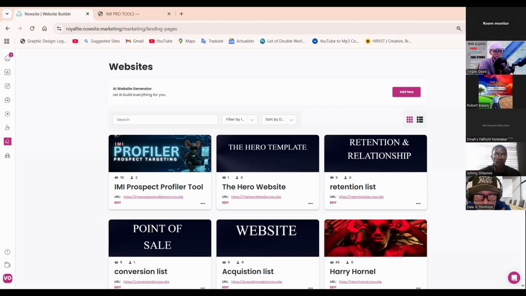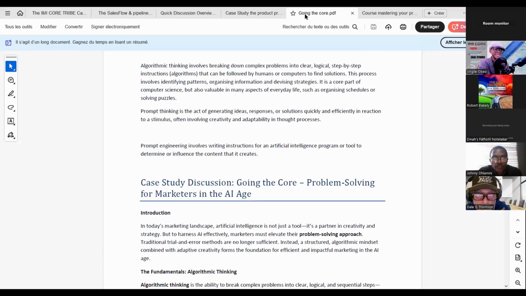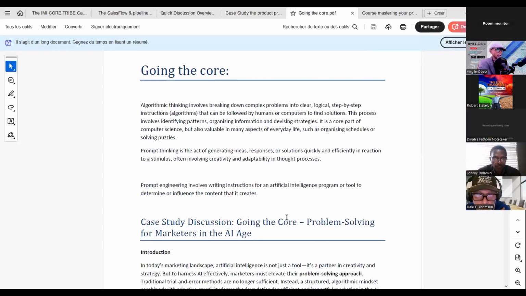I'm going to make it a brief touch up. I'm going to touch on it today, but this is also a course that I'm going to be working on, or a case discussion around the problem solving approach, prompt engineering, and algorithmic thinking, if I pronounce that right.